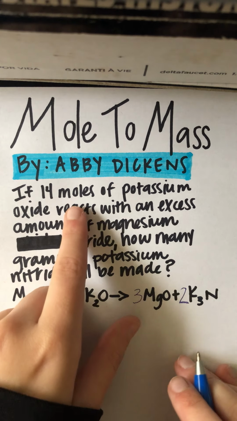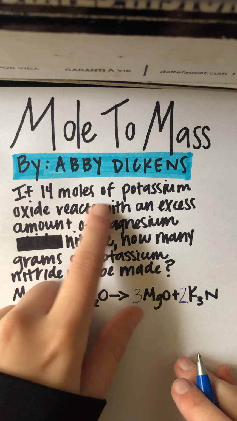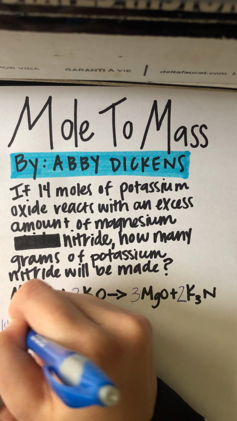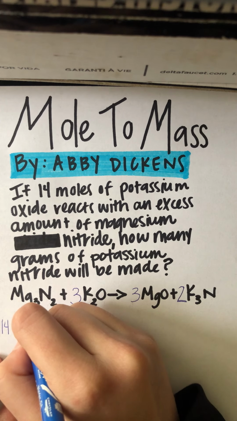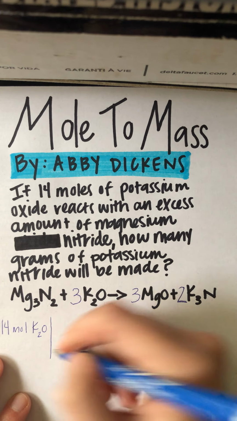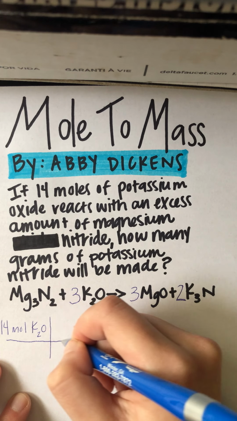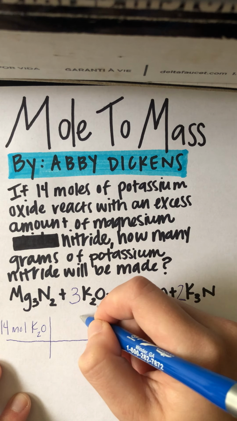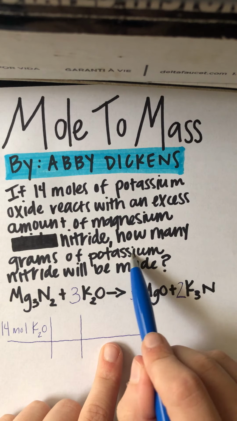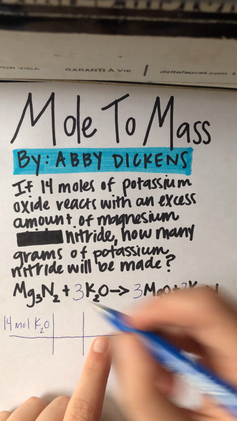The first step we're going to do is take our 14 moles of potassium oxide. That's our given, so that's how we're going to start. Now, our ending is going to be potassium nitride, and it's going to be grams.